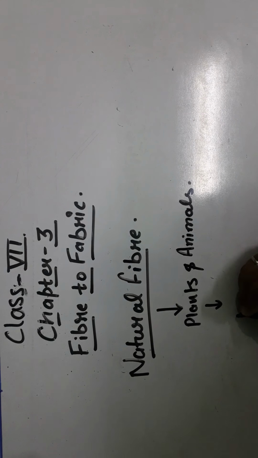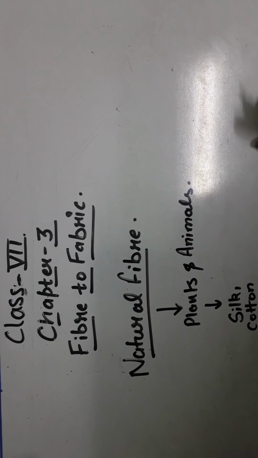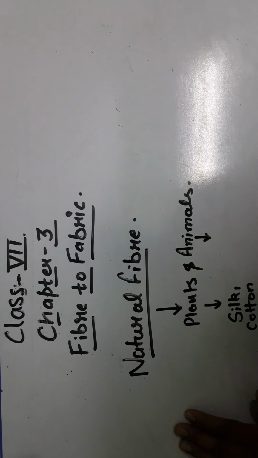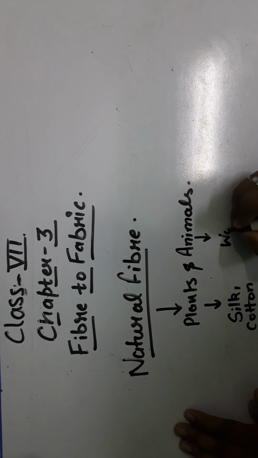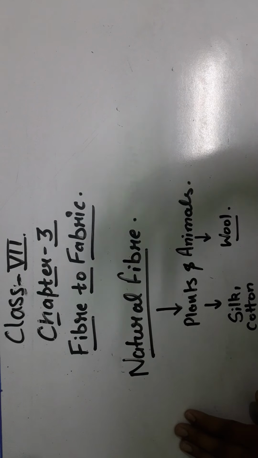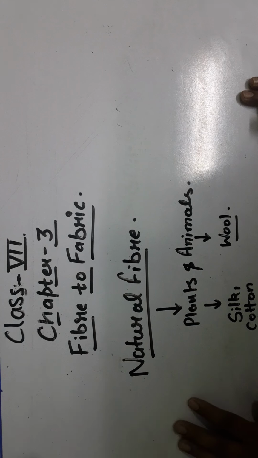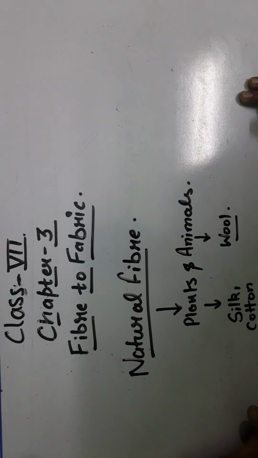From plants we take cotton, jute, and silk, and from animals we take wool. One of the most common examples of animal fiber is wool. So natural fibers are the fibers which are obtained from plants and animals, that is silk, cotton, jute, and wool.